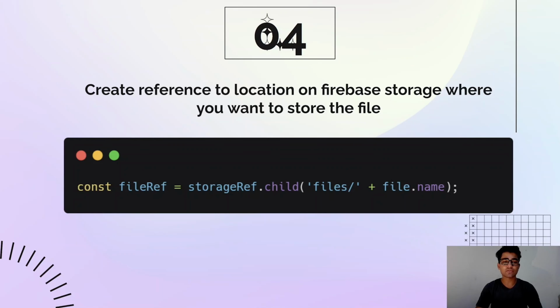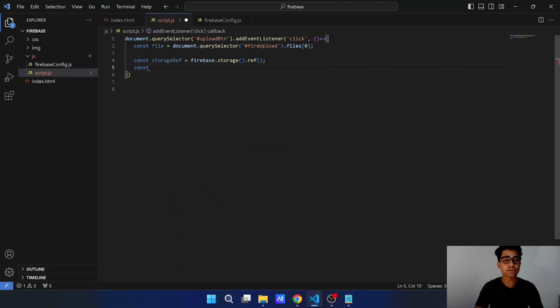Now the next step is to create a file reference in the storage. I am going to create one variable, fileRef, and we have storageRef.child.